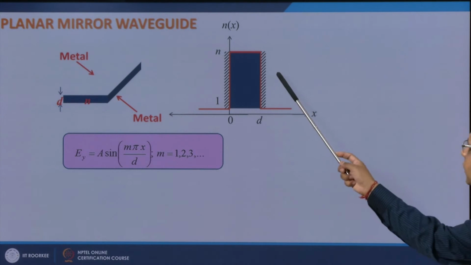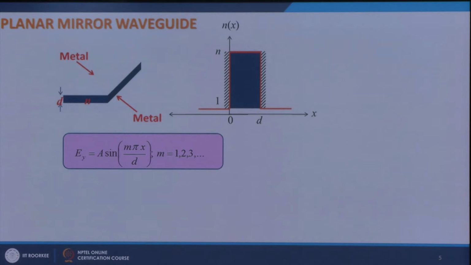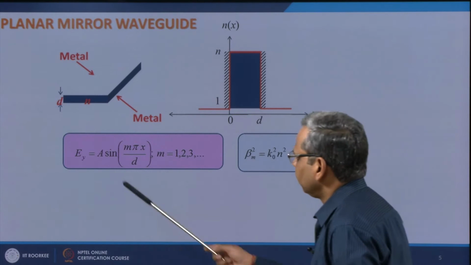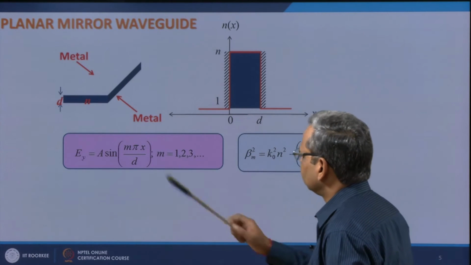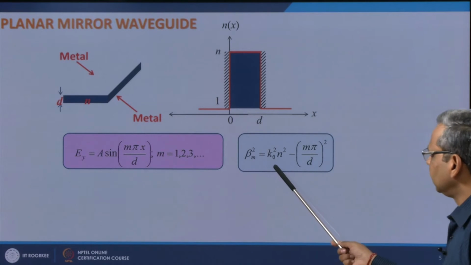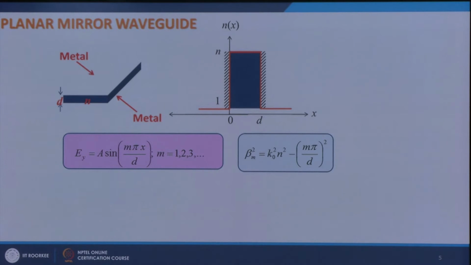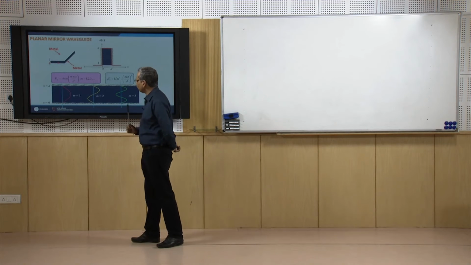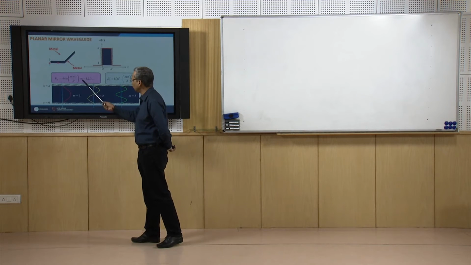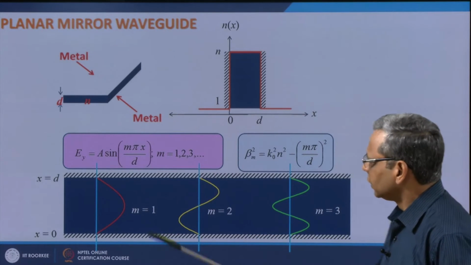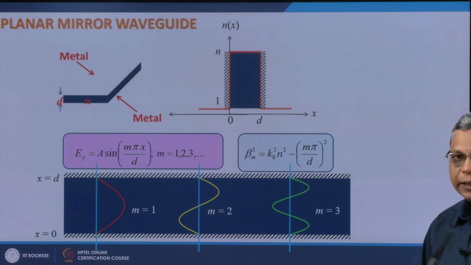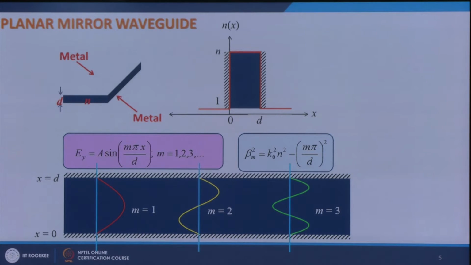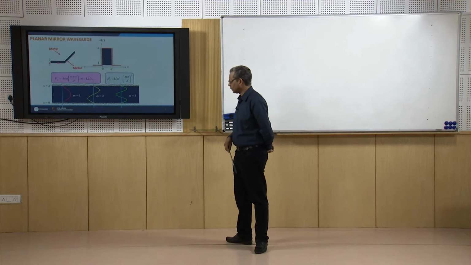So, the refractive index profile looks like this, and when we worked out the modes of this, then the electric field associated with this is like this, and the propagation constants are like this. So, I have discrete modes of such a waveguide corresponding to different values of m. They look like the modes of a stretched string.